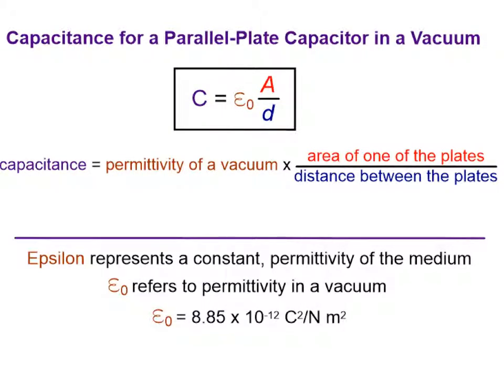The permittivity of a vacuum is a constant, 8.85 times 10 to the negative 12th coulomb squared per newton meter squared. If it's not in a vacuum, the permittivity would change. If we had some material there, it would be different from that of a vacuum. But for a vacuum, this is the constant, and that's multiplied by the area of one of the plates divided by the distance between the plates.